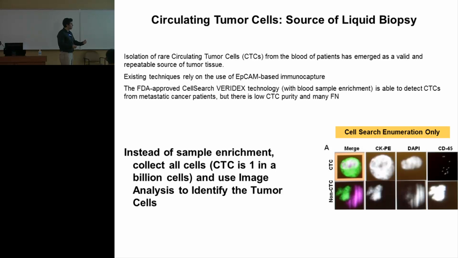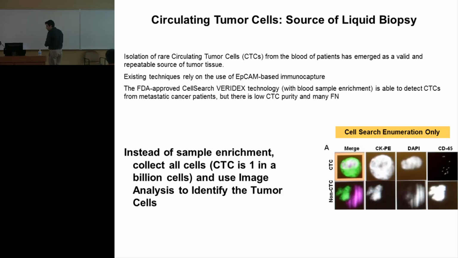They draw the blood and flow it through a machine where the machine collects only the tumor cells and lets the other cells go through. And then, here comes the vision problem, we have a positive identifier of tumor cell, we have DAPI, which is a stain for the nucleus of the cell, and we have CD45, a stain for a blood cell, which should mean that the tumor cells are negative for that.